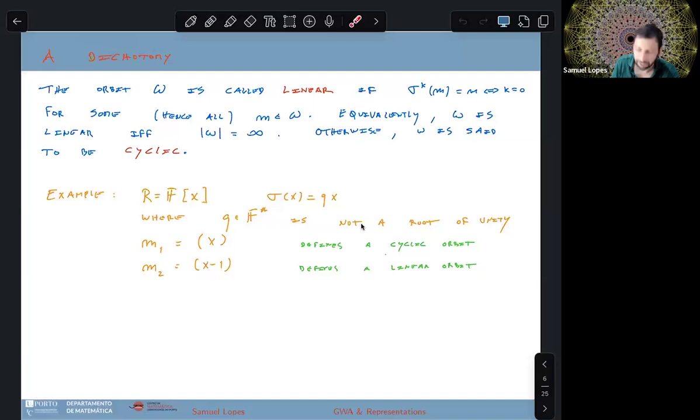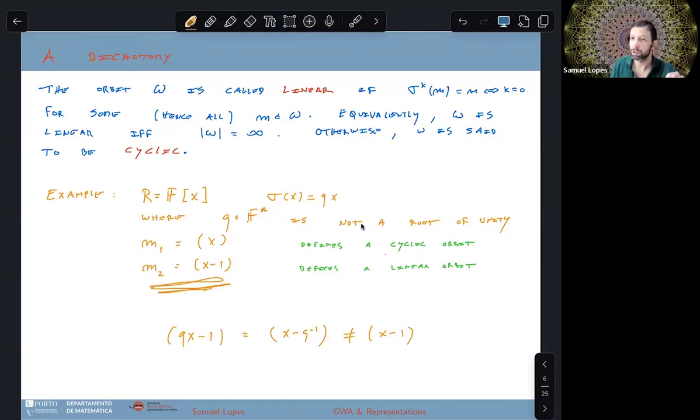But if I consider the ideal x minus 1, then when I act by sigma, I get the ideal generated by qx minus 1, which, if I multiply everything by q inverse, is x minus q inverse. Since q is not a root of unity, q inverse is not equal to 1, so this is not the same as the ideal x minus 1. I can keep acting by sigma, and the fact that q is not a root of unity says that all of these ideals are different. And so this orbit will be linear.